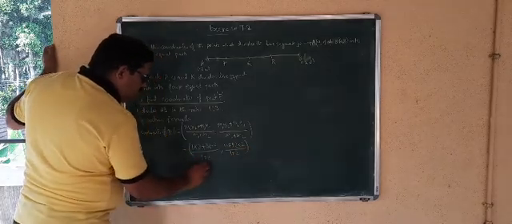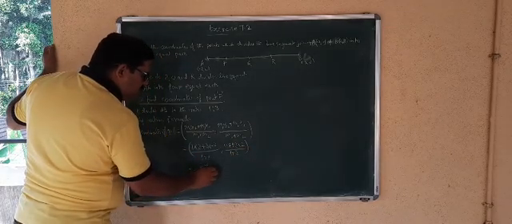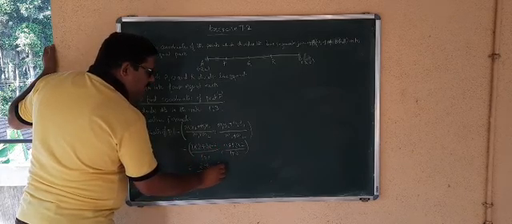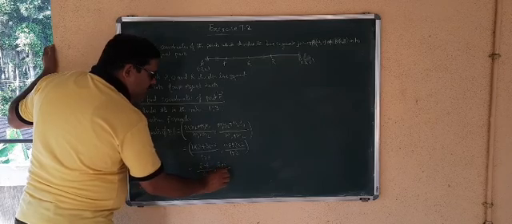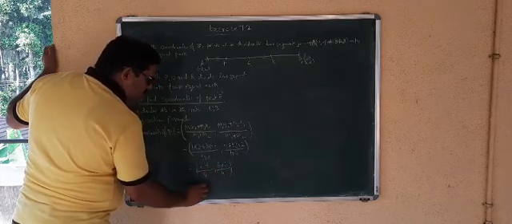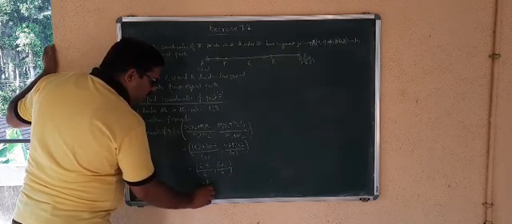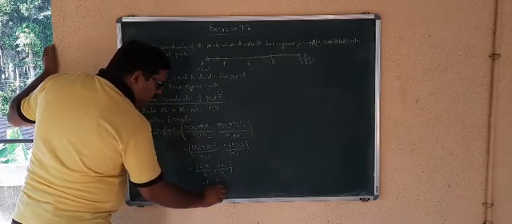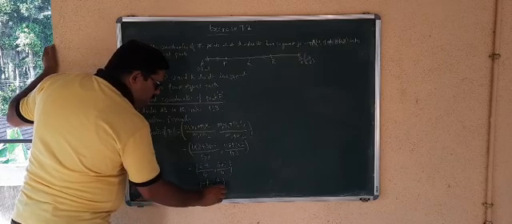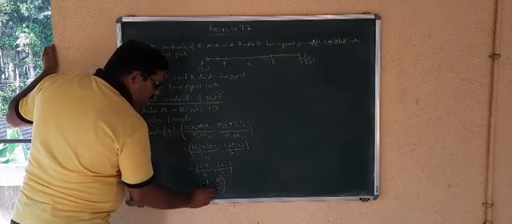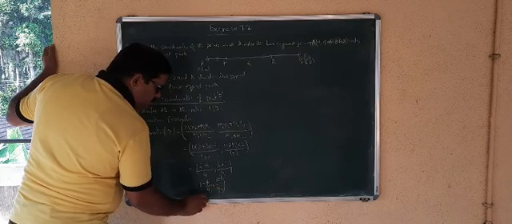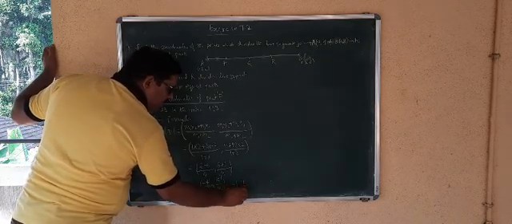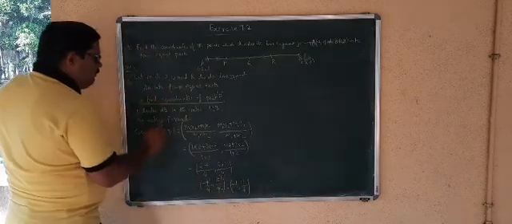So, 2 minus 6 by 4, and this is 8 plus 6 by 4, which is equal to -4 by 4 comma 14 by 4, which is equal to -1 comma 7 by 2. This is the coordinates of point P.